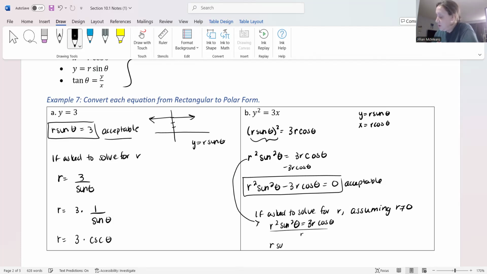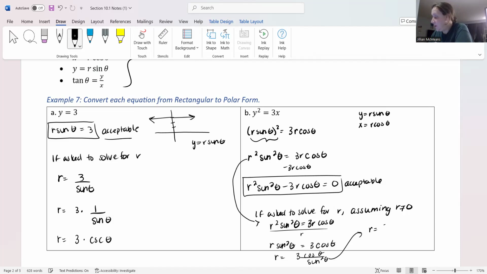That would give me r sine squared theta equals 3 cosine theta. Now, if we were going to do that, we would now want to divide both sides by sine squared theta. So again, you're assuming sine squared theta is not 0. You're having to be told that r is not equal to 0. But we would get r equals 3 cosine theta over sine squared theta. All right, and that's acceptable too.